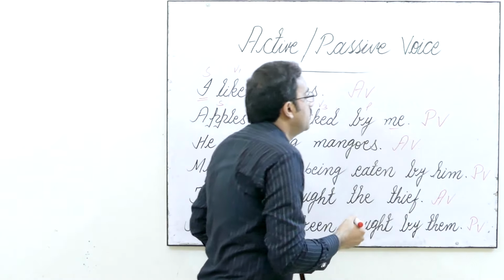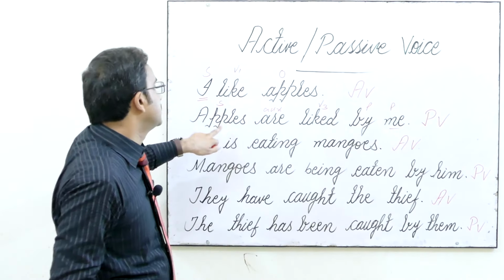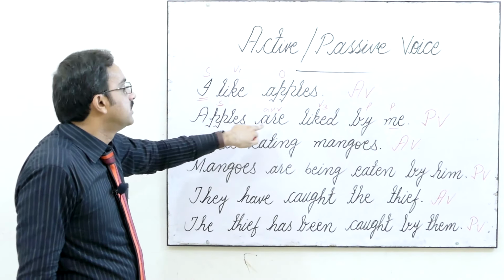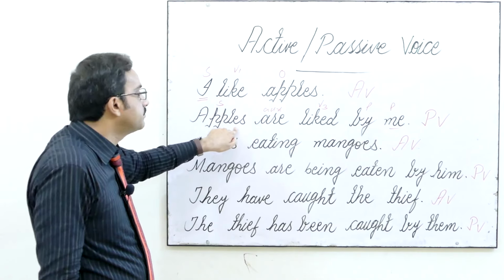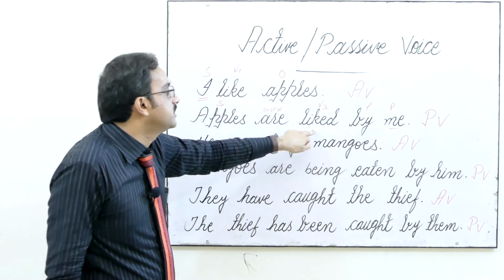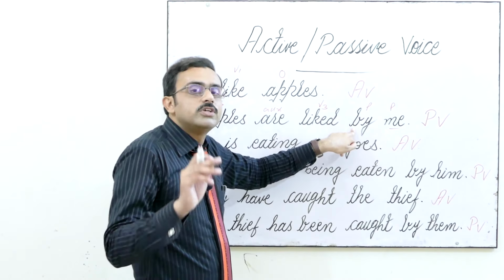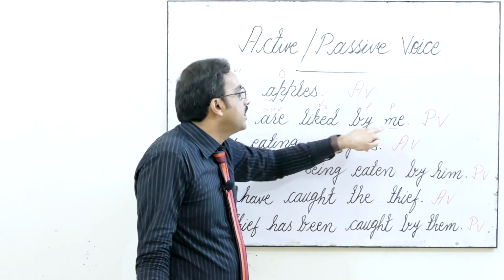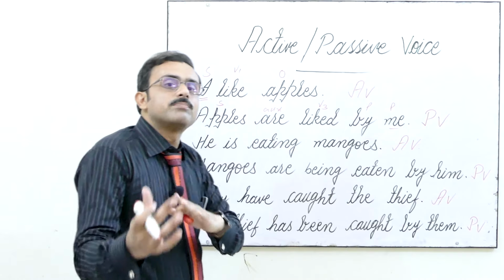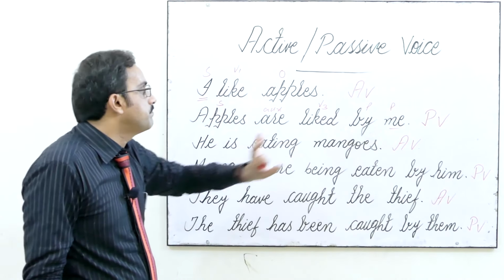So I into me. This is your pronoun. So these are the changes. First, object became subject. Then we used auxiliary after subject. Then we used V3, means first form of verb changes into third form of verb. Then after third form of verb, we use preposition by, and then we used me, means we change the person, we change the case of I into me. So it became passive voice.